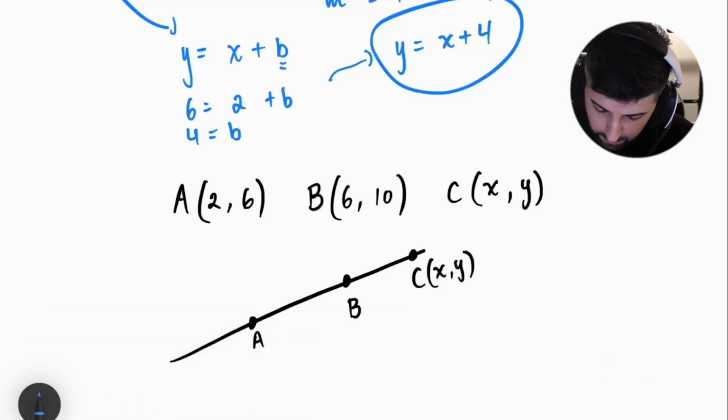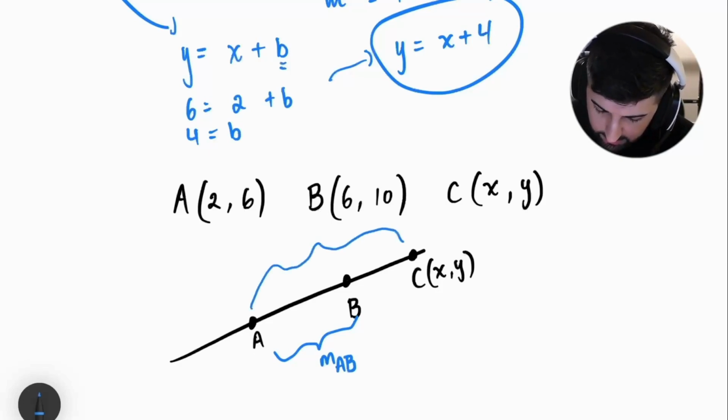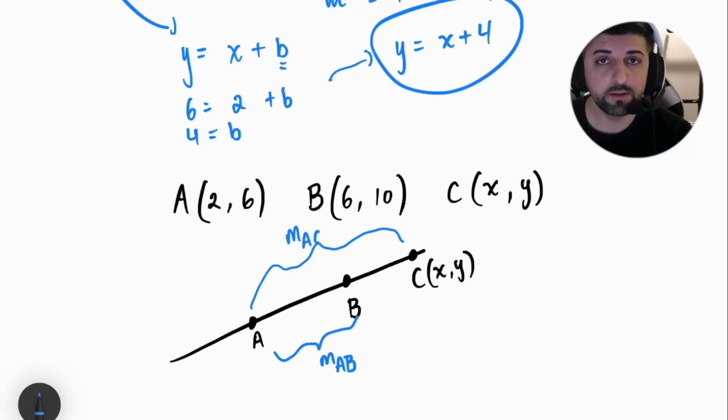Well, if they all lie on a line, the slope between AB should be the same slope as the slope between AC, right? The slope between AB and the slope between AC should be the same. It's one line, the slope is constant.